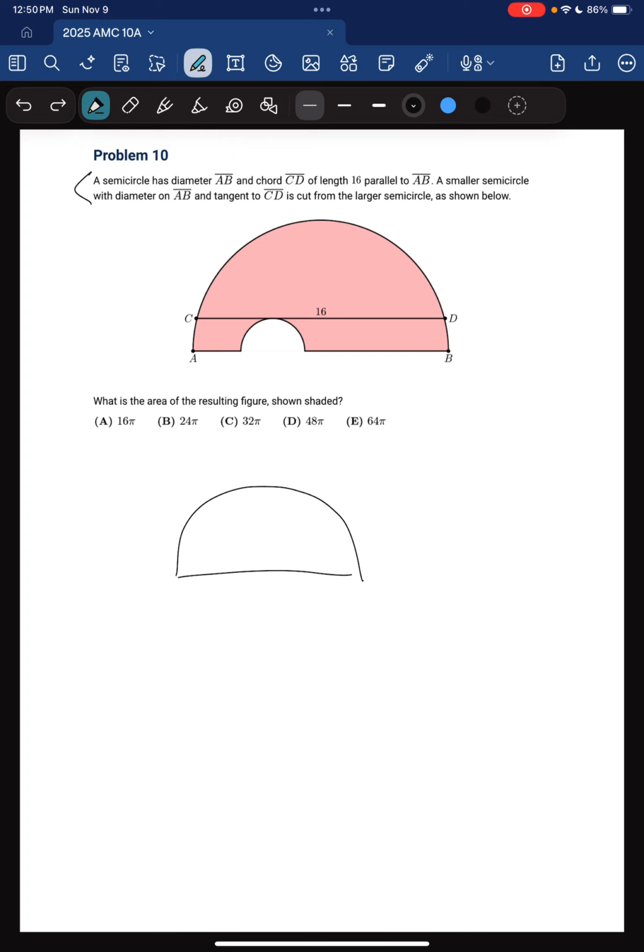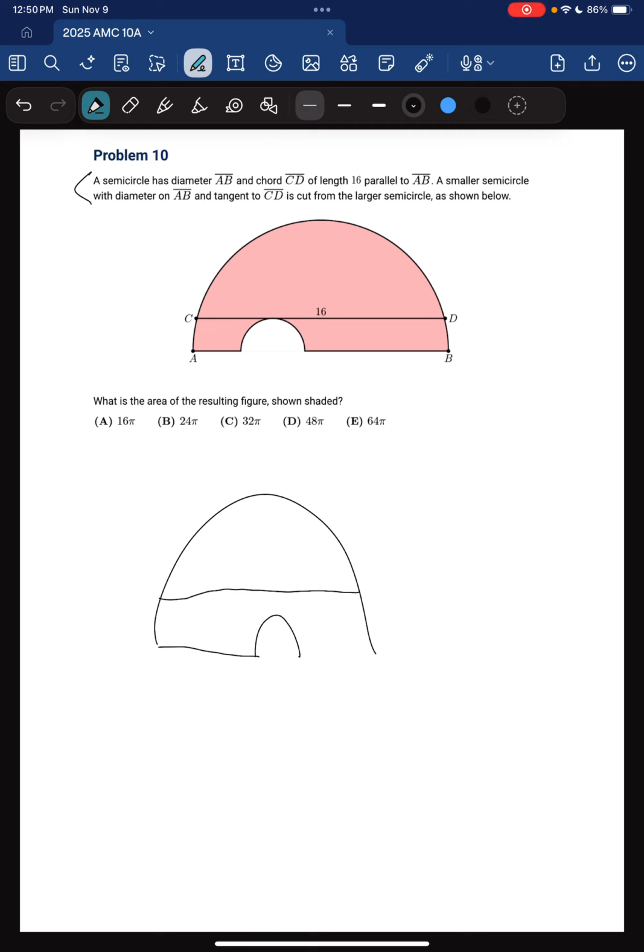We have this line, this is CD. And then we're going to assume, sorry, the drawing is not great today, that the small semicircle is actually in the center. And we're going to let this radius be x.